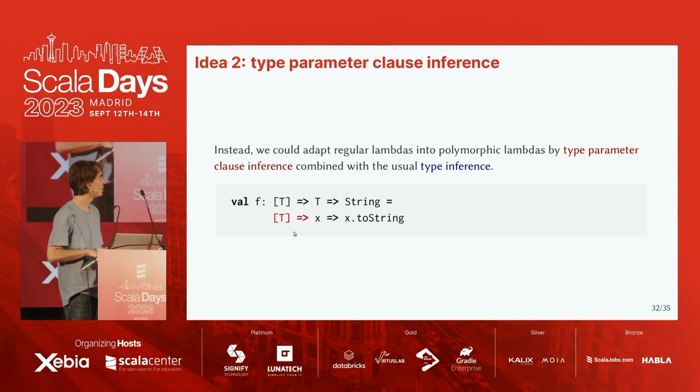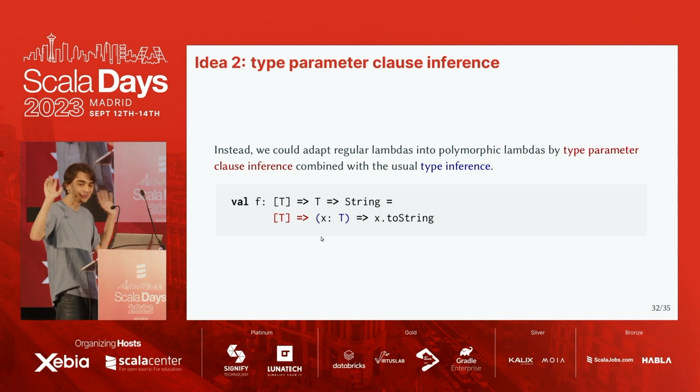And then the usual type inference can take care of saying that this one is T. This is fun because it relies on the fact that I'm not writing a type here, because I cannot write x colon T here, because T is not in scope, but I can say it's some x. And then once the compiler has added this part, the compiler can say this x must be a T.